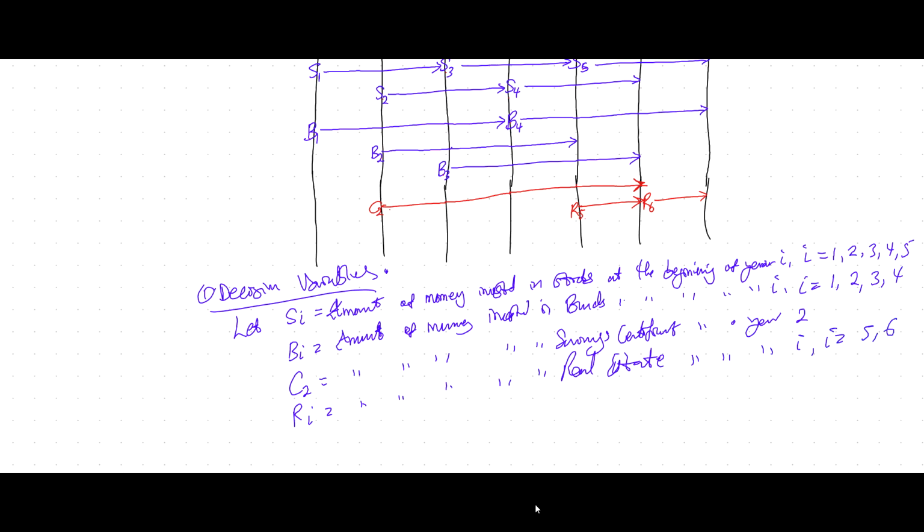Then it's very likely that there may be some amount that we are not investing at all, which is idling. So every year, there may be an amount that is not being invested at all. We want to know that amount as well.